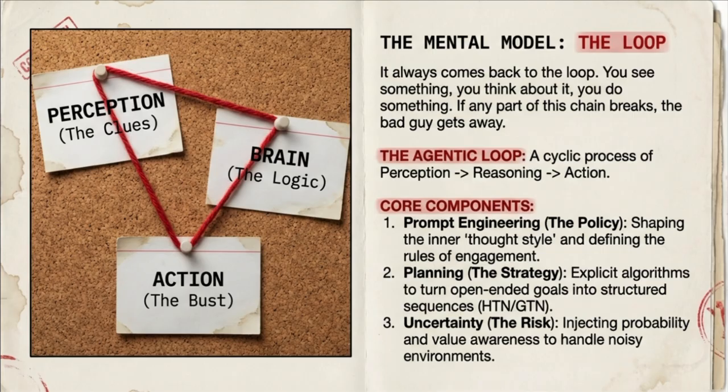This often involves hierarchical task networks or goal task networks. Third, we have uncertainty, which is the risk management side. We must inject probability and value awareness into the model to help it handle noisy environments. By mastering this loop, you ensure that your agent can perceive the clues, use logic to find the truth, and eventually perform the best through effective action.